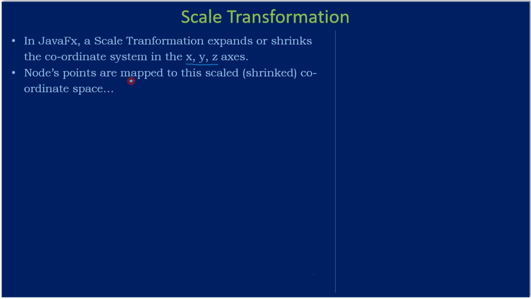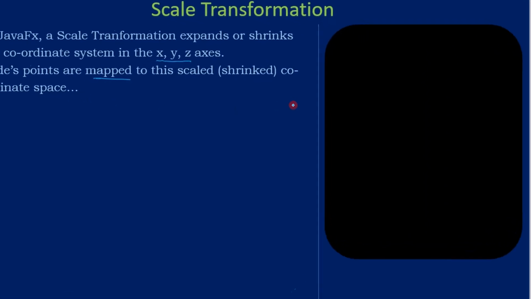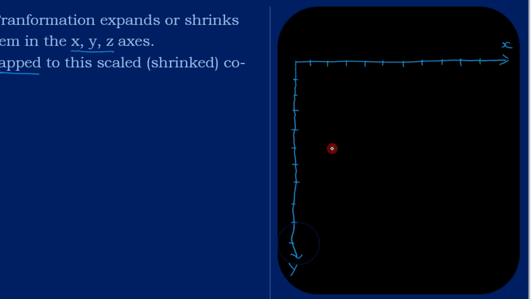Alright, so node points are mapped to this scaled or shrunken coordinate space, and if you want to see that here, this is the origin, and you can see the unit here. Let's state that this is our box, but we will be viewing it in the XY plane.